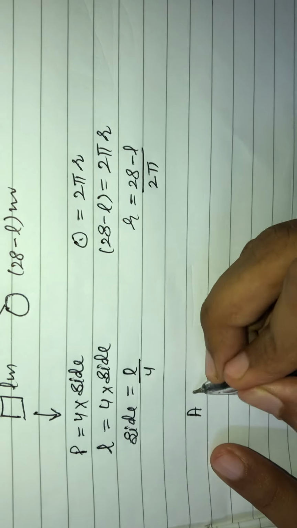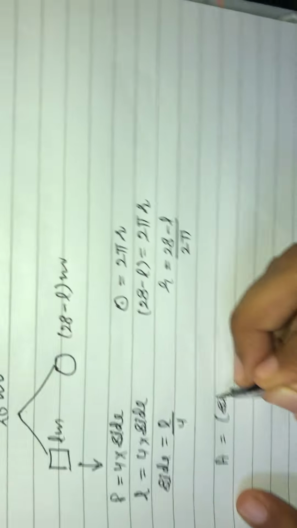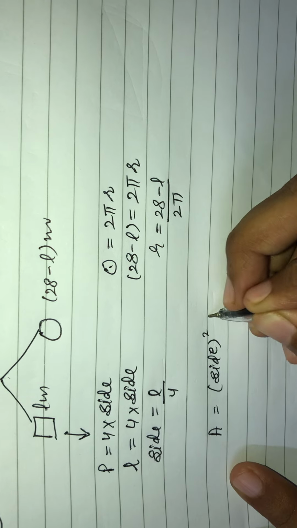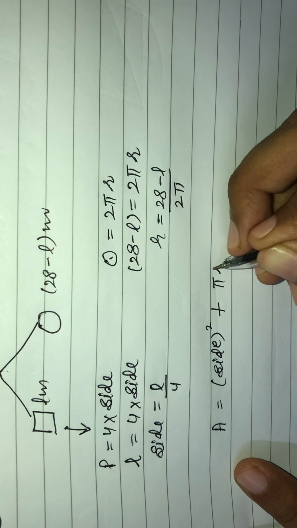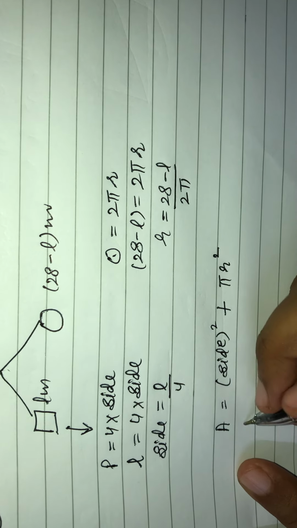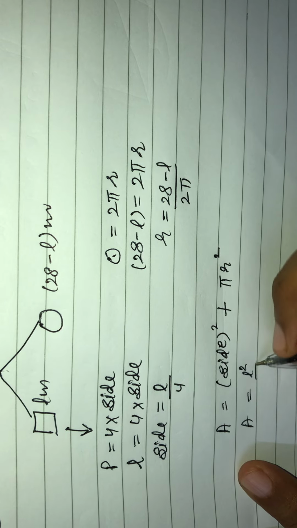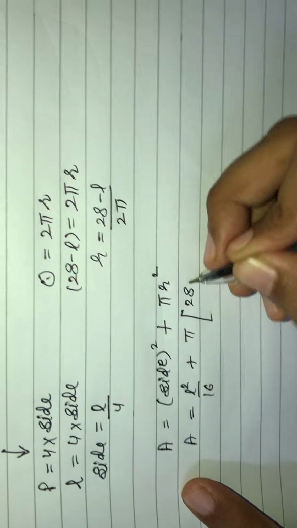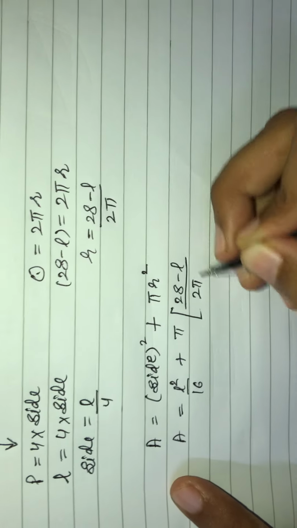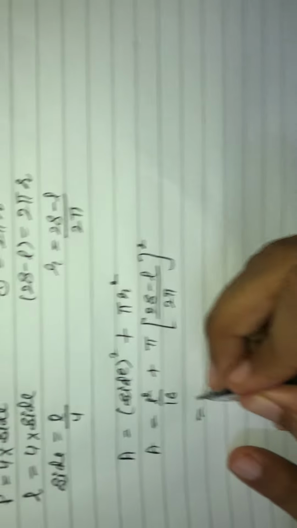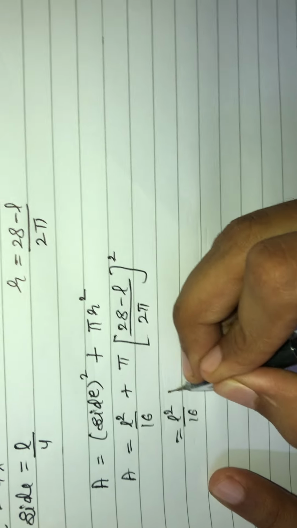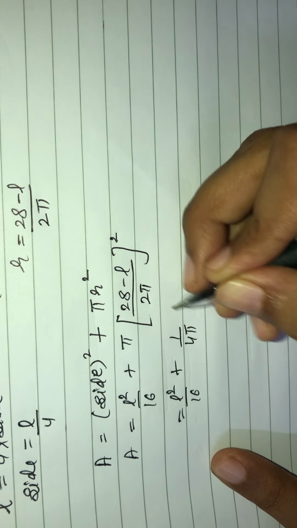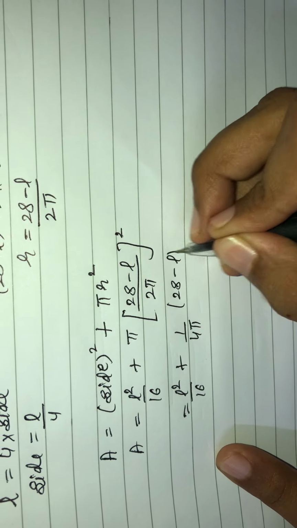Now area is the square of side plus pi r square, the area of the circle. So area is L square by 16 plus pi times ((28 minus L) upon 2 pi) squared. So L square by 16 plus 1 upon 4 pi times (28 minus L) square.